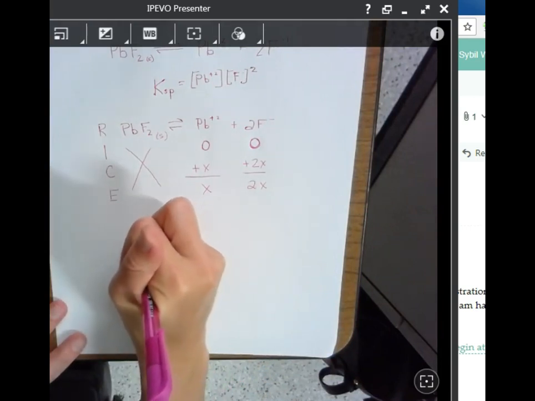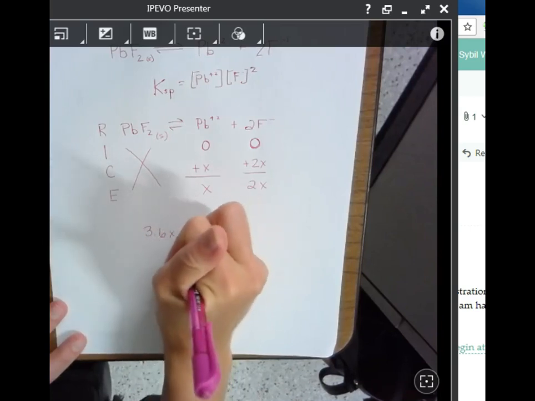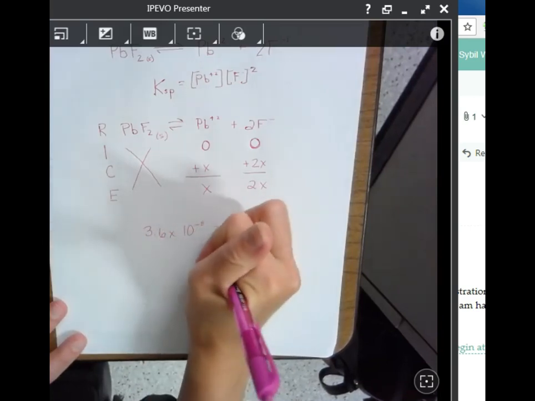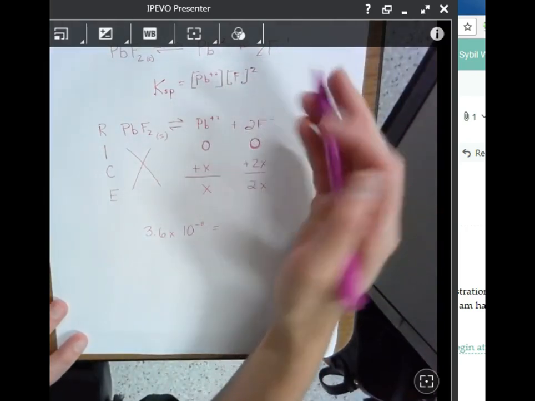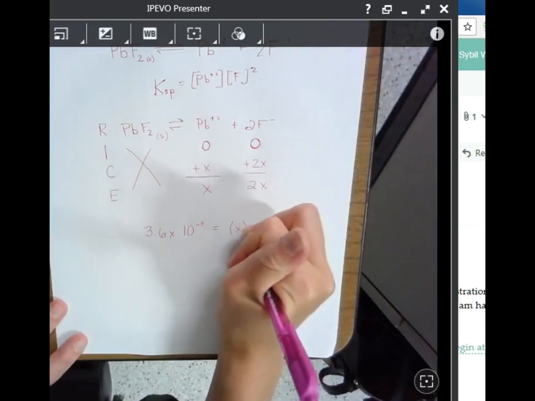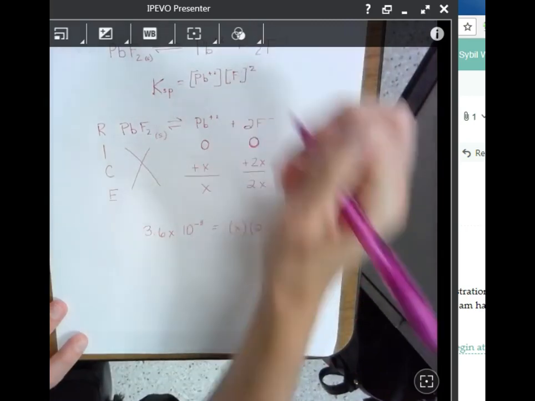All right, so now let's think about our Ksp. We know the value for Ksp, it was given to us as 3.6 times 10 to the negative 8. And we can say that's equal to, I'm just pulling down here, lead, so that's our x, and then fluoride, that's our 2x, and it is squared.